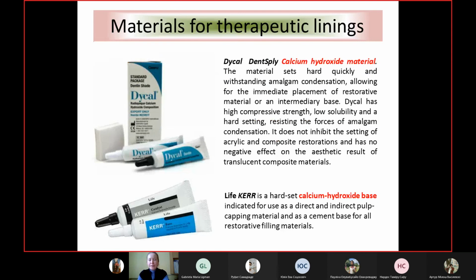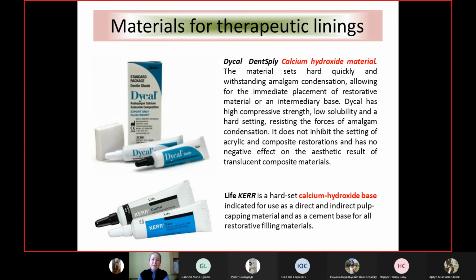Materials for therapeutic linings. The most favorite and the most widespread is Dycal, company Dentsply, and Life, company Kerr. Both of them are chemically set materials, mixed base and catalyst. So in these two tubes we have base and catalyst.